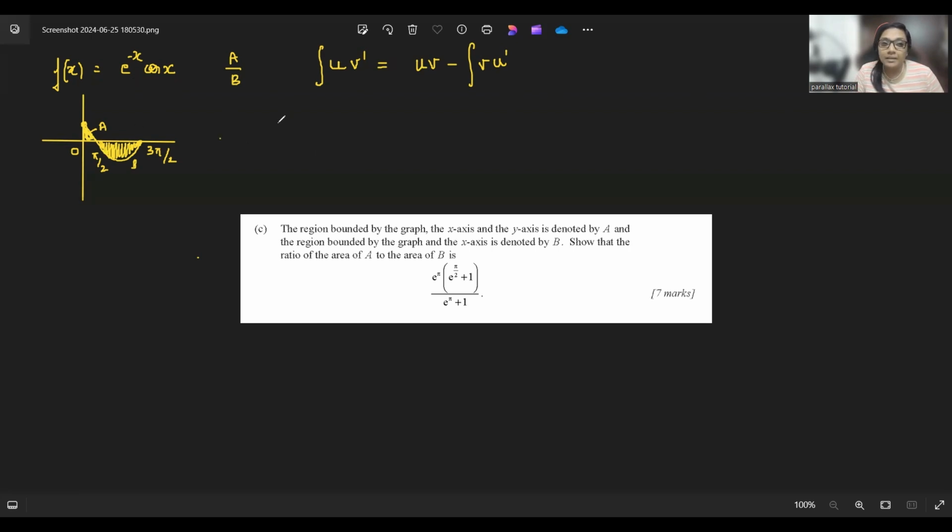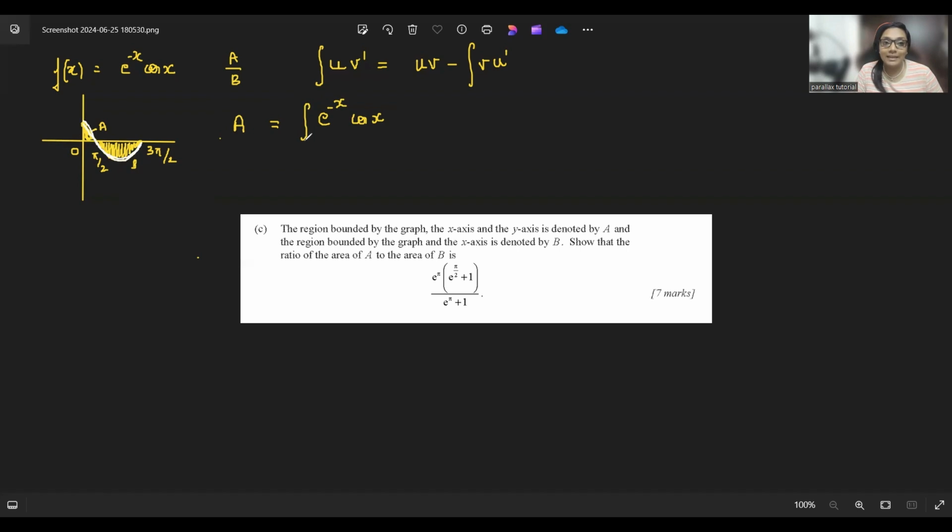And how do we integrate it? So basically our region A and region B will be both the same integral, which is e to the power minus x cos x, because after all the function is same. Remember, the function is still the same function which we were doing in the previous video, this white line. This is the function. However, the limits vary.